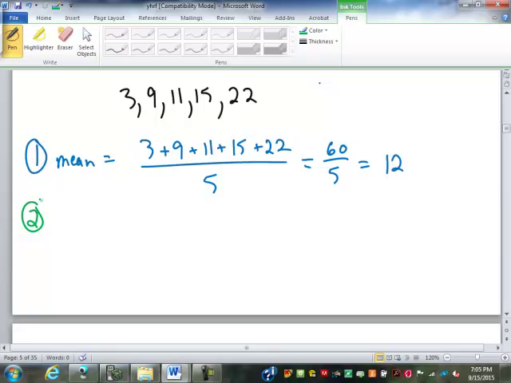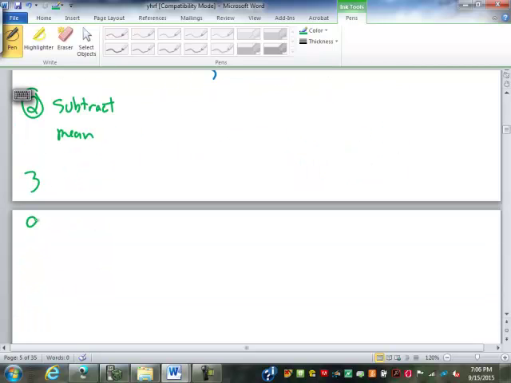What's step 2? Subtract the mean from each. So I have 3, 9, 11, 15, and 22.